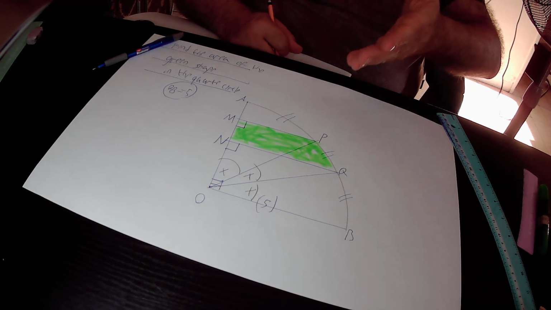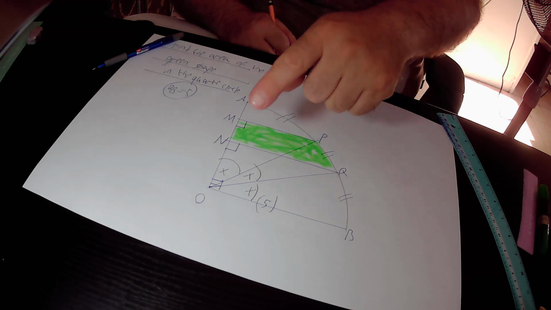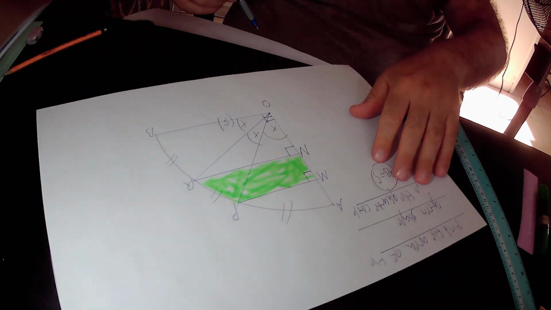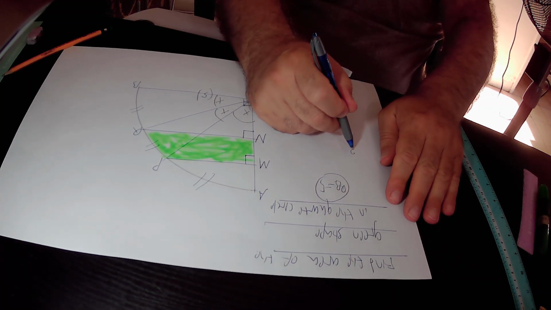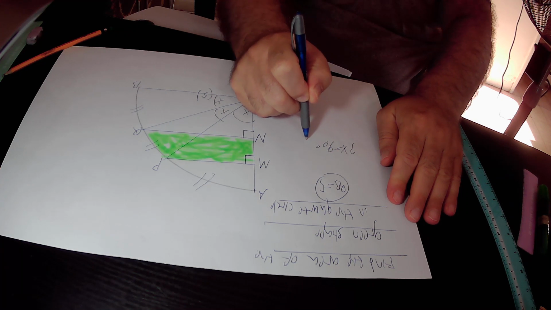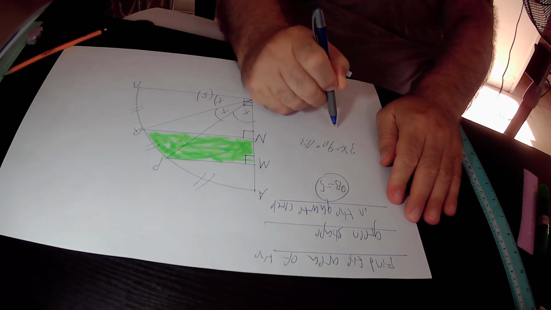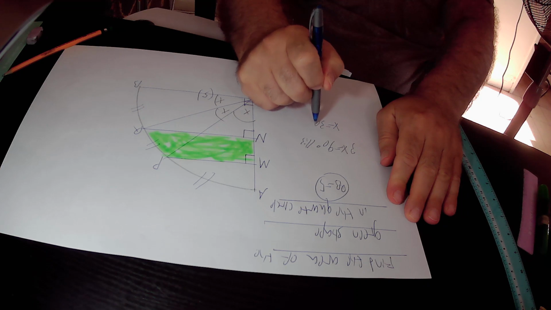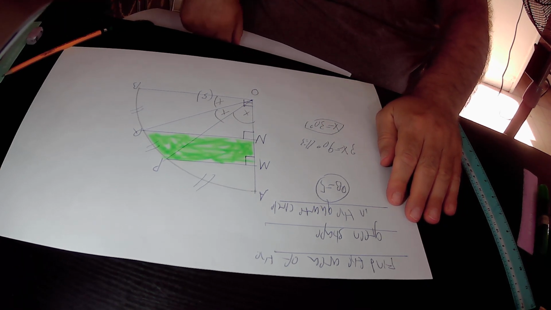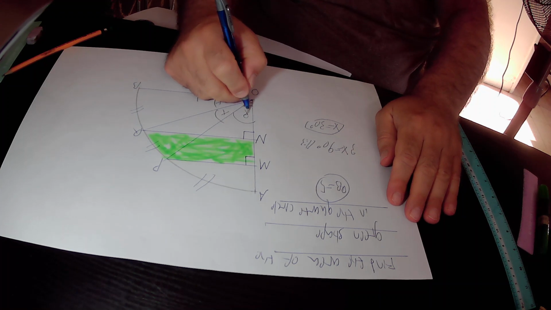Therefore 3x equals 90 degrees. Here we divide this equation by 3, and finally get that the missing angle x is equal to 30 degrees in size.